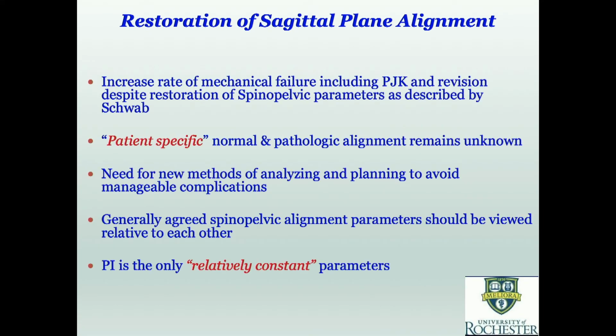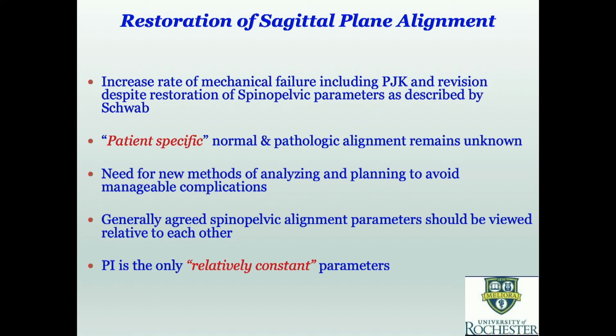So there is an increase in the rate of mechanical failure, including PJK and revision surgery, despite observing and following sagittal alignment based on Schwab criteria. Normative, normal and pathologic alignment of the spine still remains unknown. So maybe focusing more on patient-specific criteria to determine the alignment parameters may help us reduce the risk for PJK.